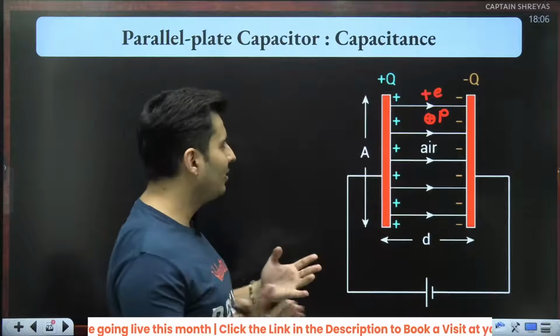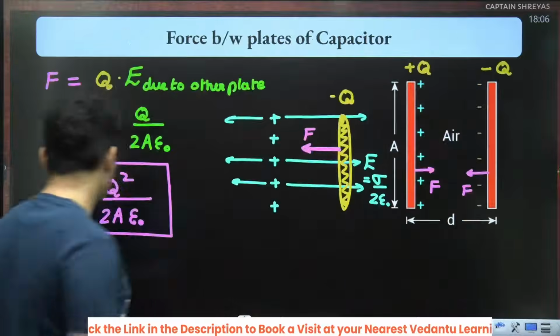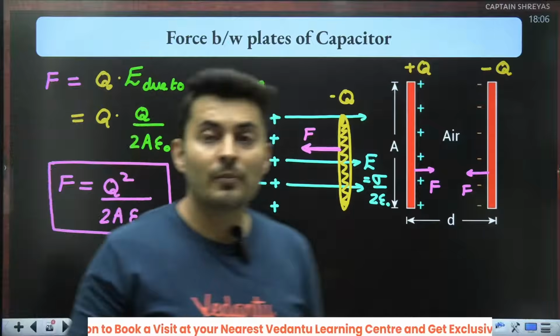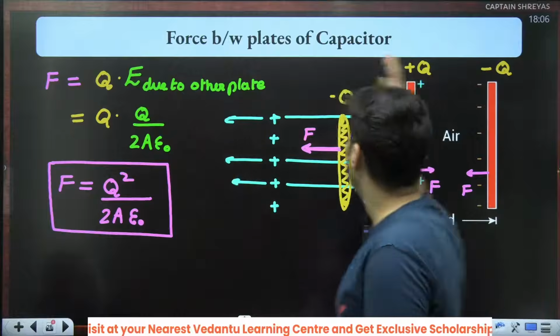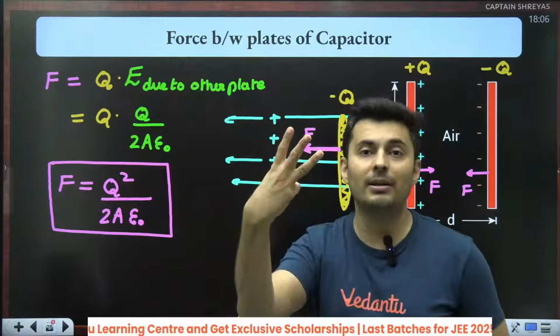But before going to that, what is the force on it? Now you'll be like, sir, should I use this formula directly? Force between the plates? Exactly no. Because this is the force between the plates of the capacitor, not the force on a third particle.